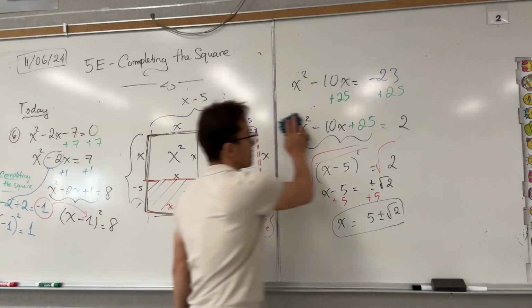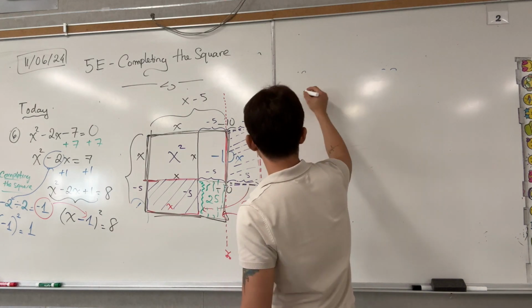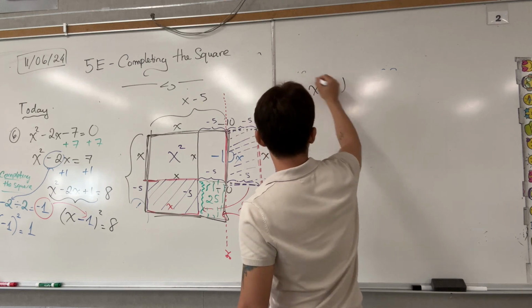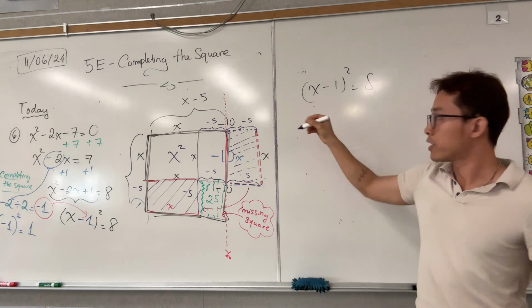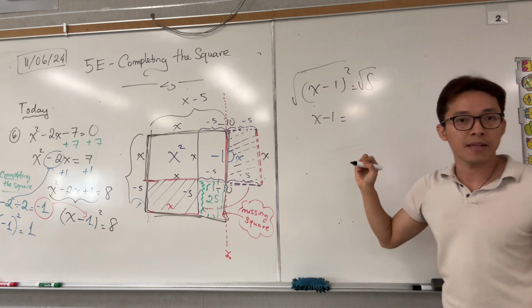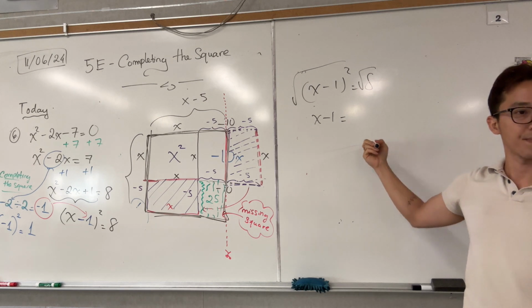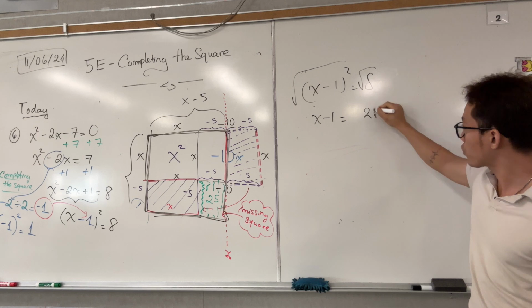And then you can solve from here, right? How do you solve it? You want to take the square root of both sides. So x minus 1 equals what? 2 square root of 2, right?